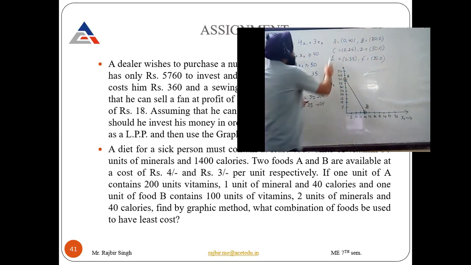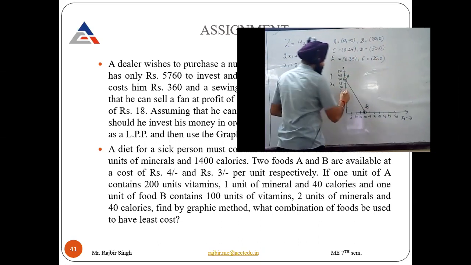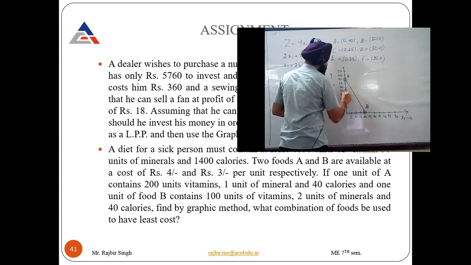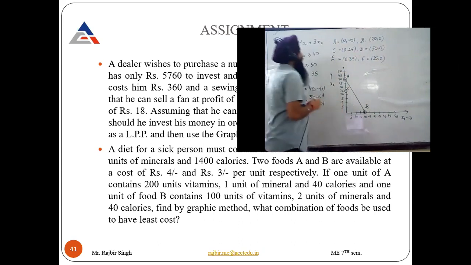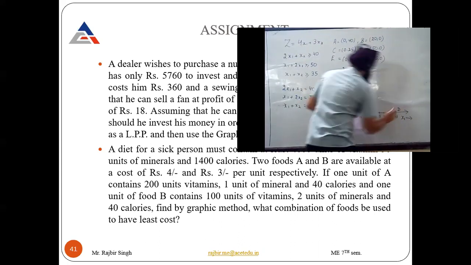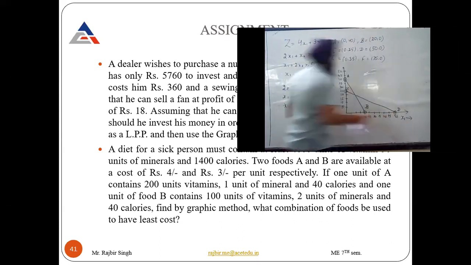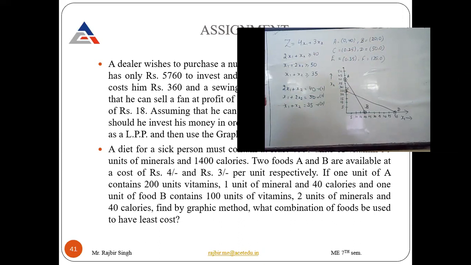Similarly, the coordinates of point C are 0 comma 25. So this is point C, and the coordinates of point D are 50 comma 0. So this is D. So join C with D. This will be equation number 2, that is x1 plus 2 into x2, equal to 50.